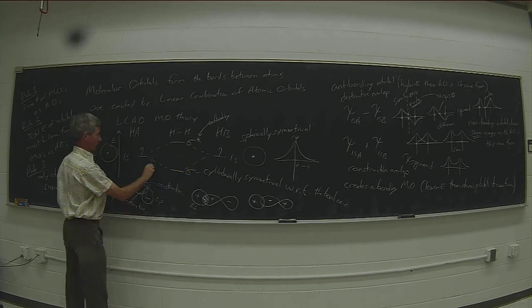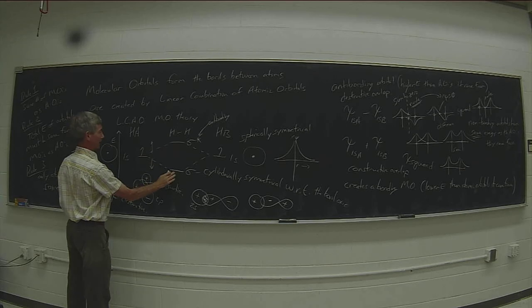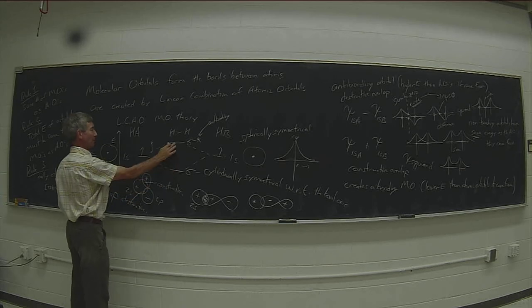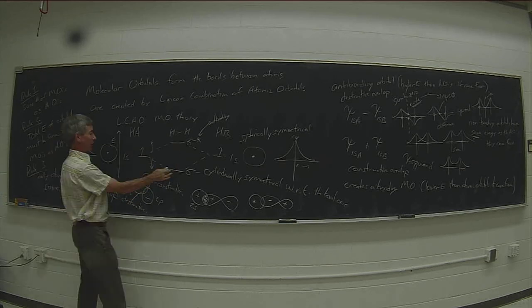The sigma orbital drops in energy, the sigma star orbital rises in energy, and this one drops by the same amount that this one rises, so that the sum is conserved.